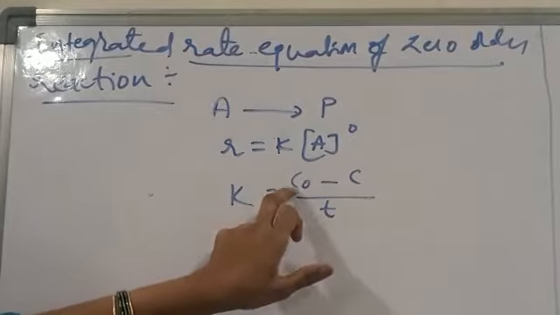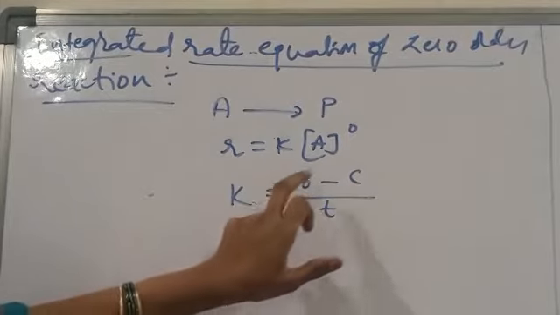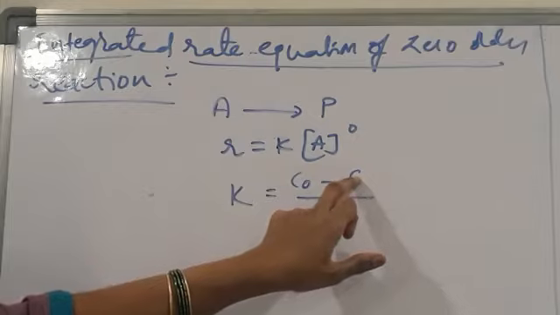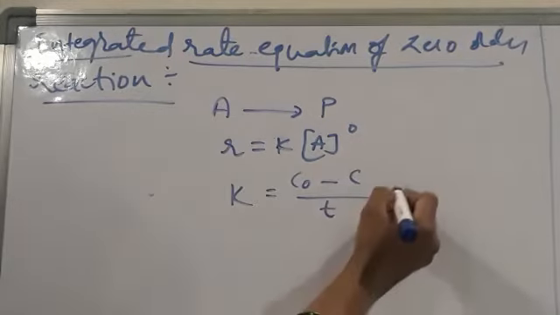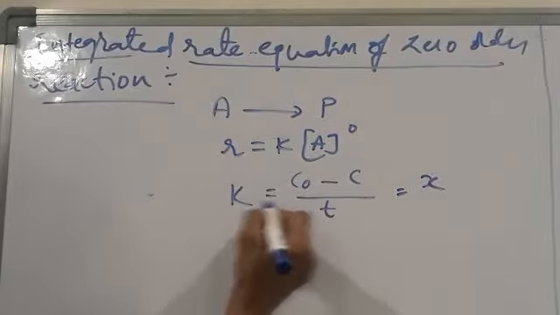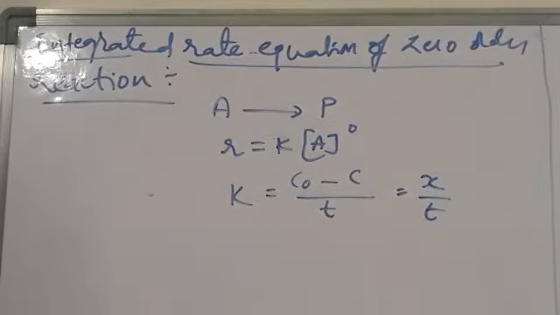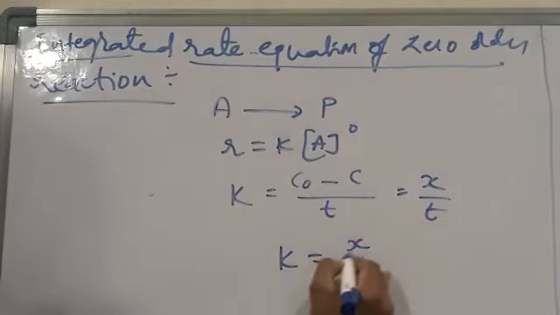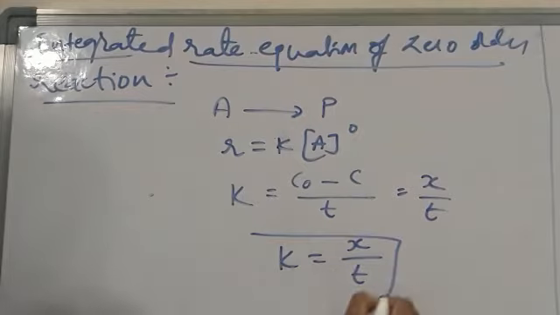The difference between this initial concentration and concentration at time t is indicated with x. Okay. So, we can write K is equal to x by t. So, integrated rate equation for zero order reaction, K is equal to x by t.